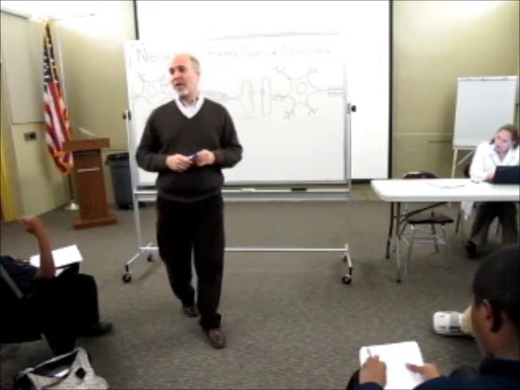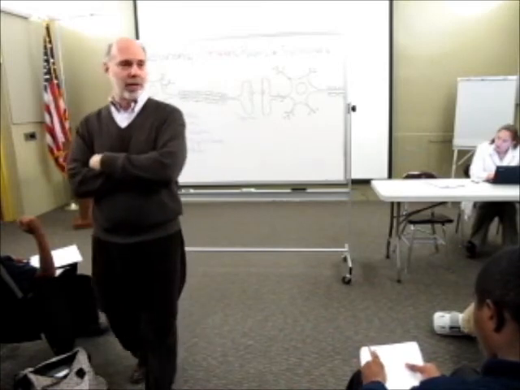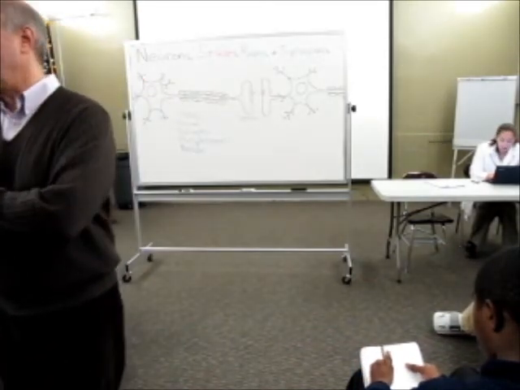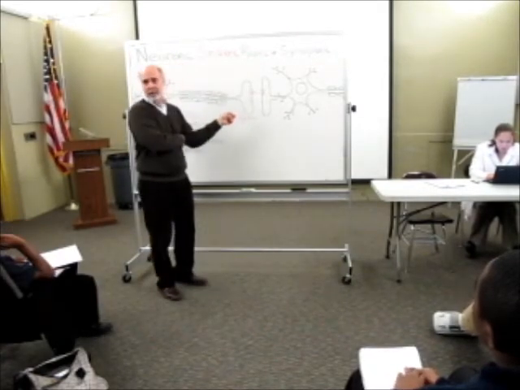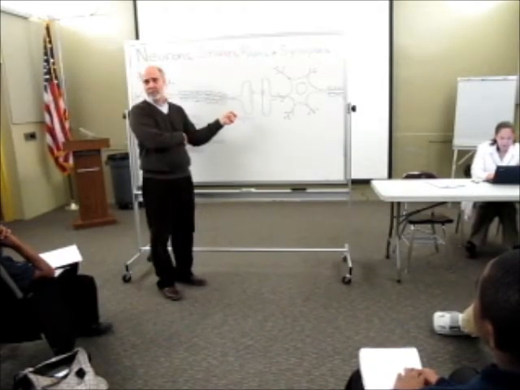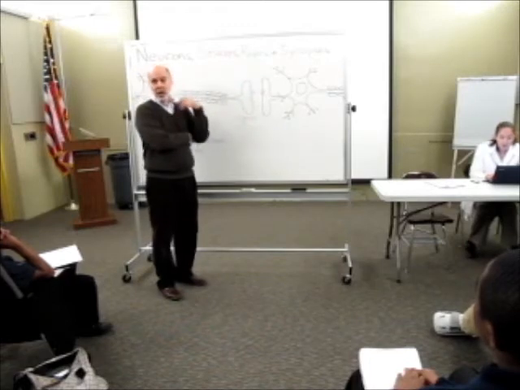Okay, so think about dope, like in stupid, when you think about cocaine. Why? Because cocaine screws up the way dopamine works at the synapse, and the dopamine becomes hyperactive.